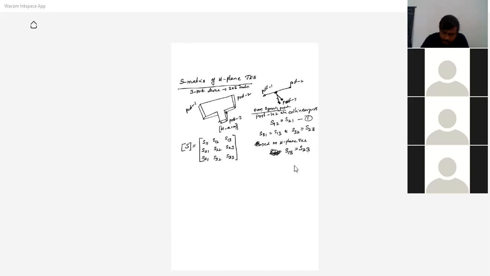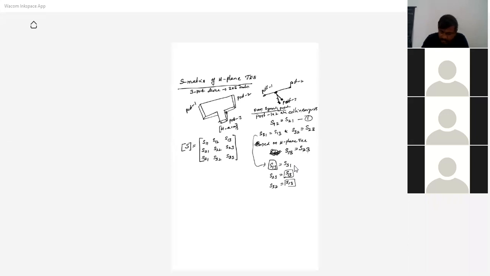From this, S13 is equal to S31, and S23 also equals S13, and S32 also equals S13. So in place of S31, you can write S13, S23 also you can write S13, and S32 also you can write S13.